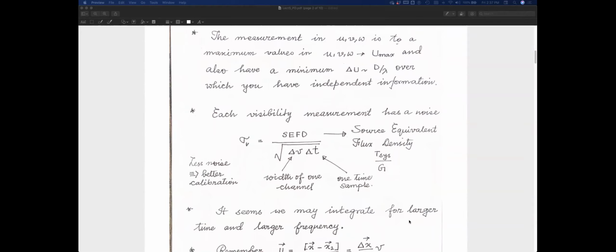So the maximum amount of information that you can get out of this is Umax divided by delta U, cubed. I said maximum because this is if you have measured at each and every position in the baseline up to Umax at an interval of delta U. Okay, then this is the maximum amount of information that you will get.